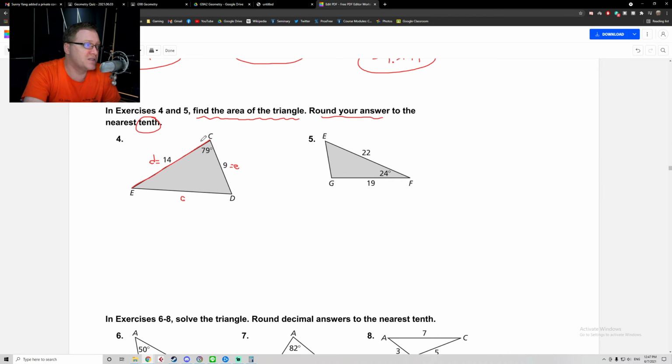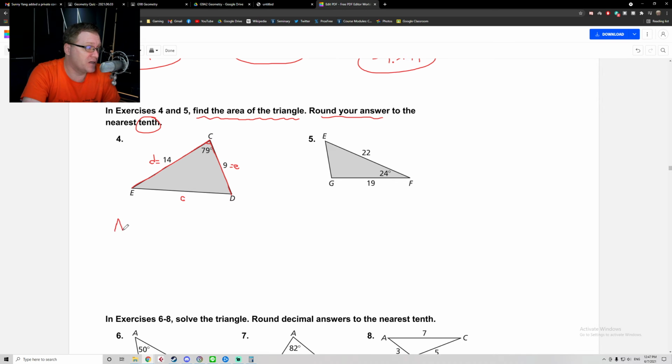What's important is that we have this side, we have this side is 9, and then the angle between those two sides is 79 degrees. So that means we can use the area formula.